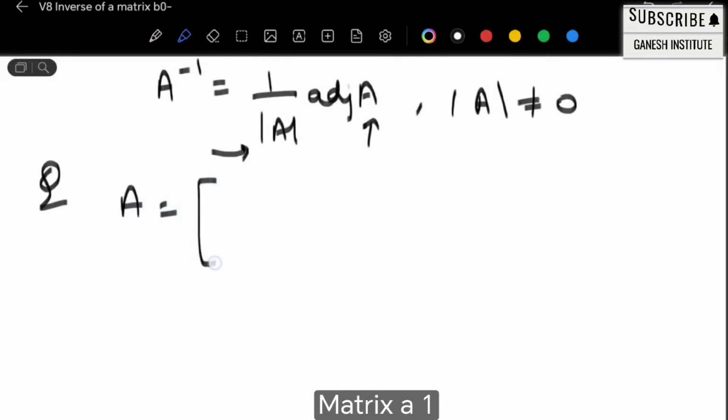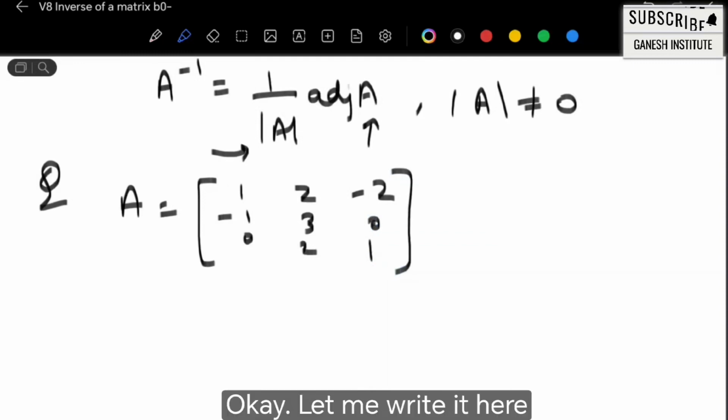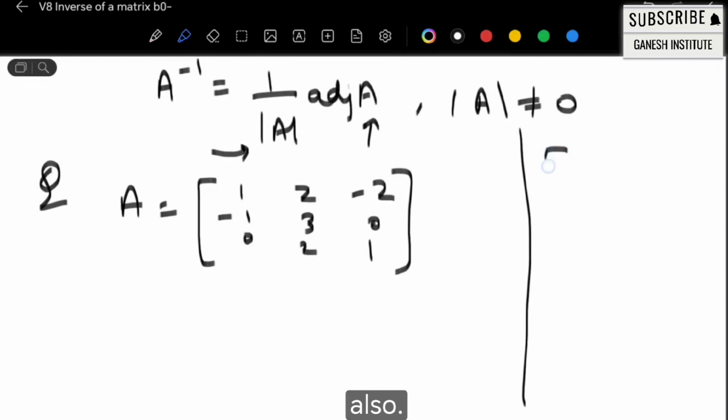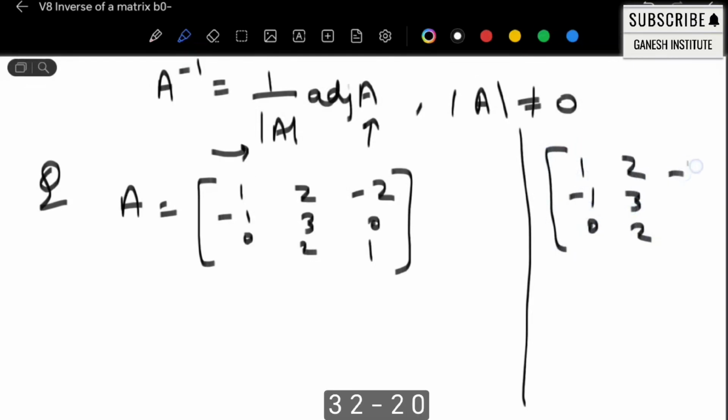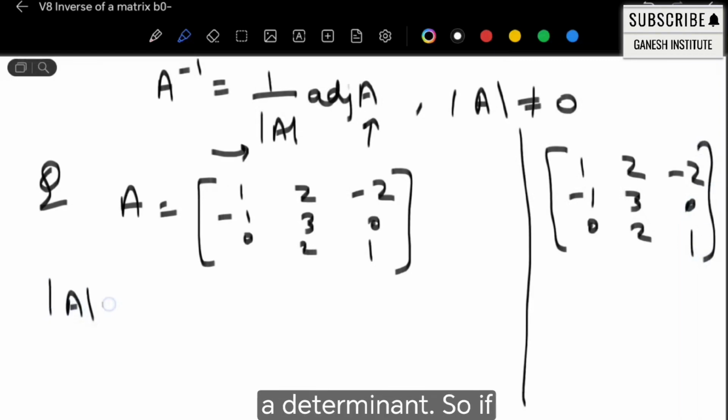So here's the matrix A: 1 minus 1 0, 2 3 2, minus 2 0 1. Okay, let me write it here also. 1 minus 1 0, 2 3 2, minus 2 0 1. Now let's find out A determinant.